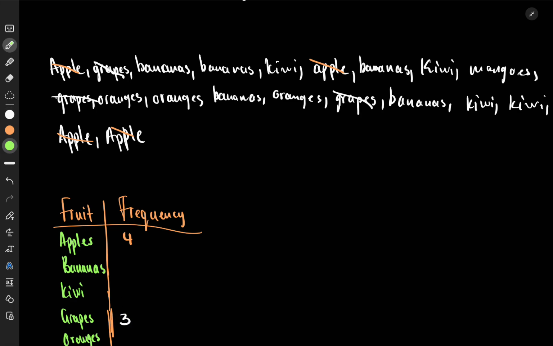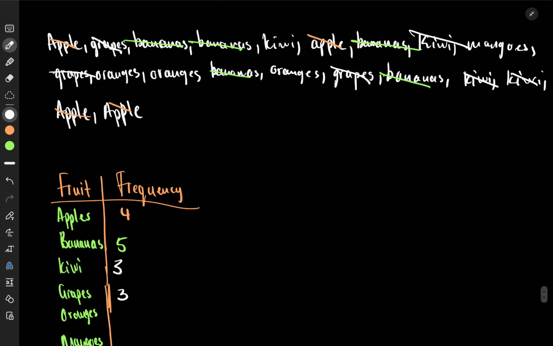For bananas now, 1, 2, 3, 4, 5. 5 people have bananas. Okay, now we go back to kiwi. 1 here, 2, 3. So 3 people have kiwi.